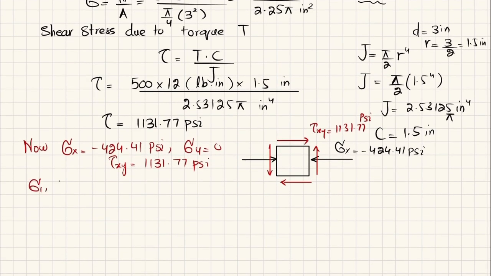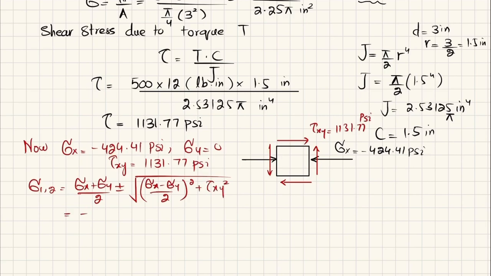So first we will find principal stresses. Principal stress sigma 1, sigma 2 is equal to sigma x plus sigma y divided by 2, plus minus under the root sigma x minus sigma y divided by 2 whole square plus tau of xy square.